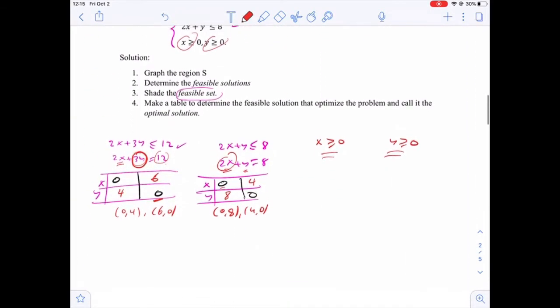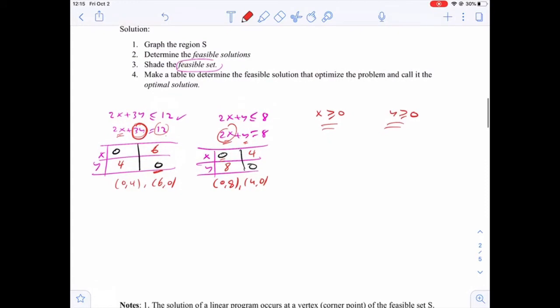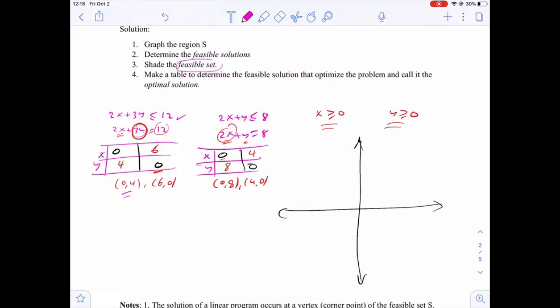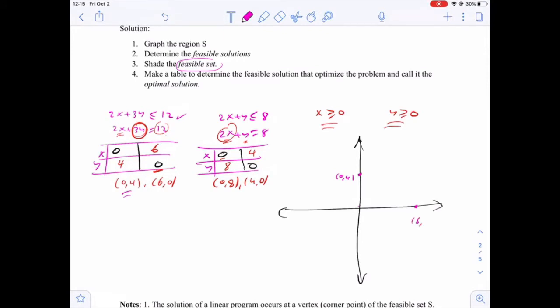Now we graph the region, so we need to graph those lines and determine the solutions. So we have (0, 4) here, and (6, 0) here for the first line, and then we connect them with a straight line because we have equality here. If we don't have equality, we just draw a dashed line.